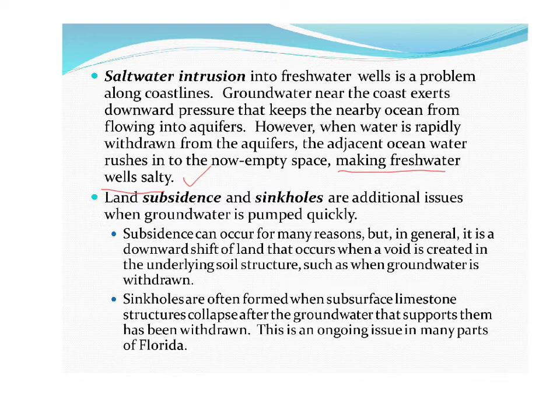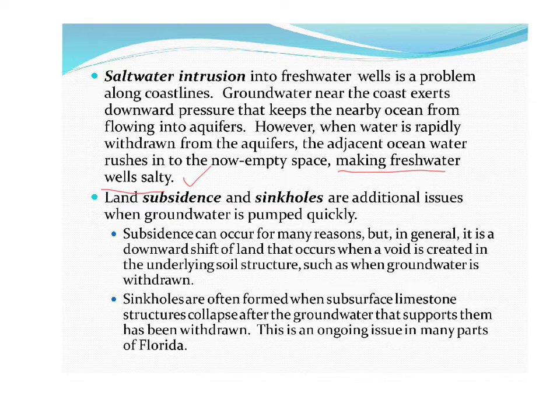Land subsidence and sinkholes are additional issues when groundwater is pumped quickly. Subsidence can occur for many reasons. If you Google subsidence, only one cause of subsidence is groundwater removal. But since we're talking about groundwater removal, we need to talk about subsidence due to that.